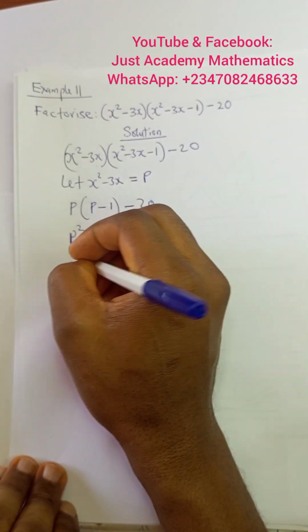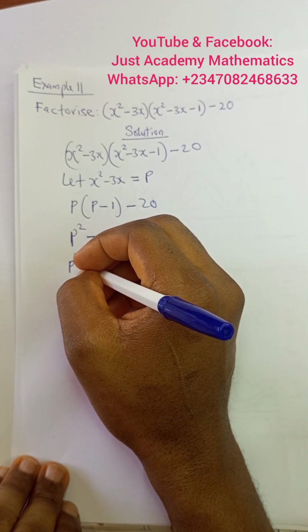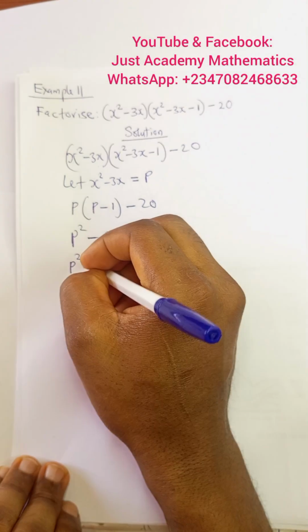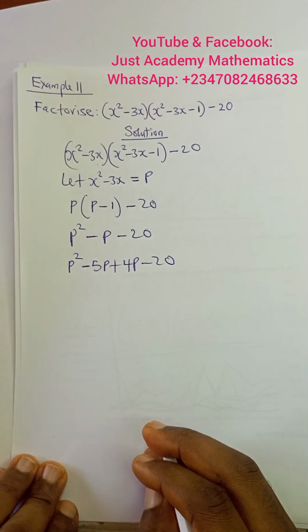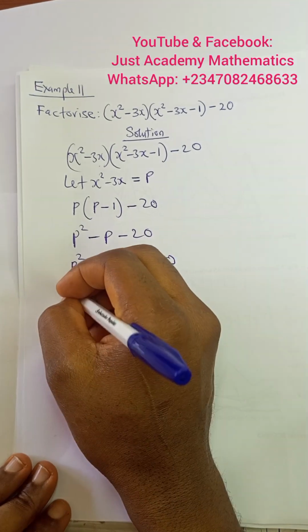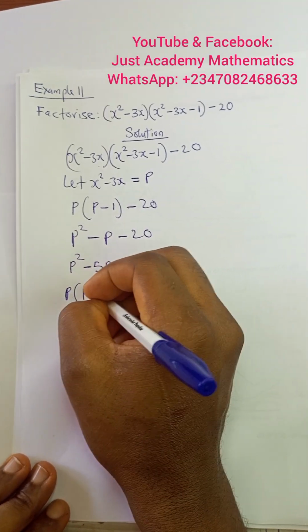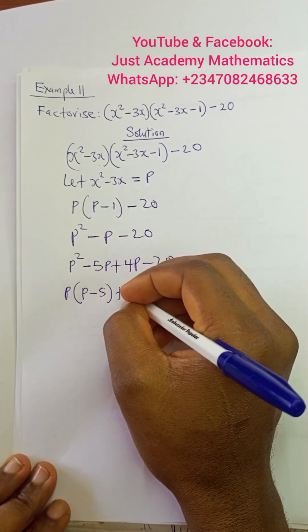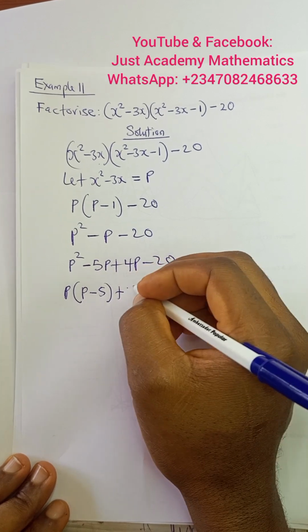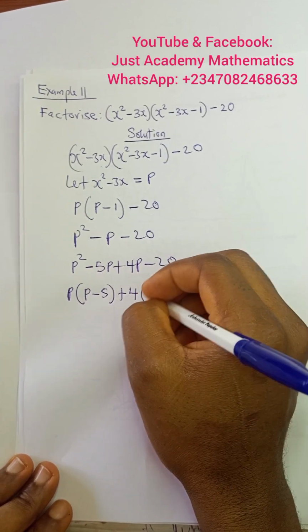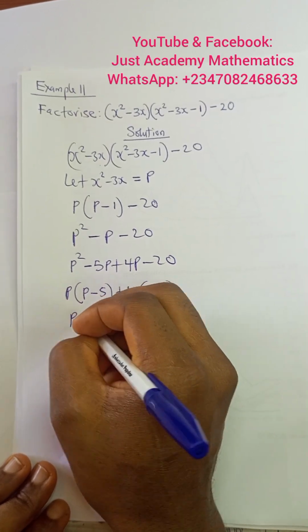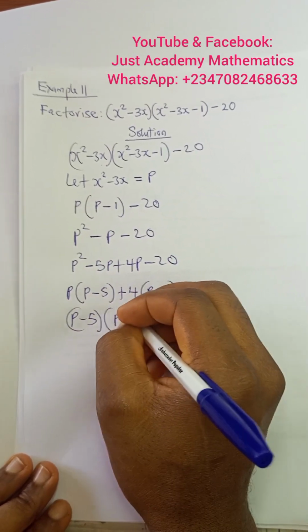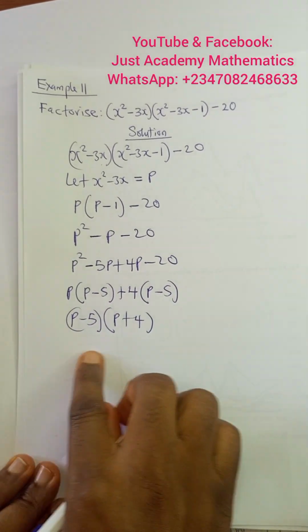So we have p squared minus 5p plus 4p minus 20. And what is common here? p is outside. What will remain? p minus 5. What is common here? Plus 4 is common. What will remain? p minus 5. Of course, factor out the common brackets p minus 5. What will remain? p plus 4. So this is the factorization.